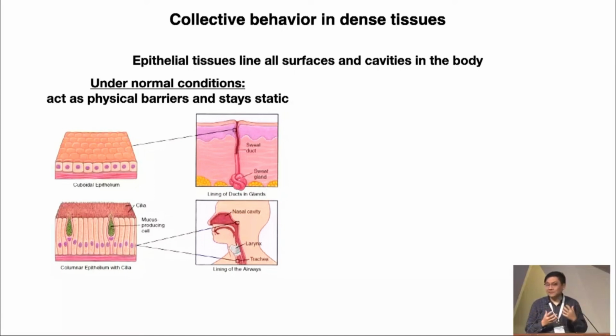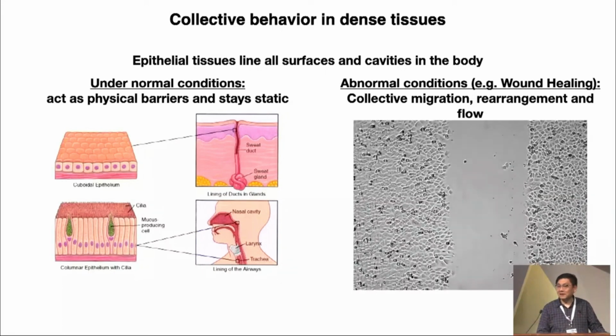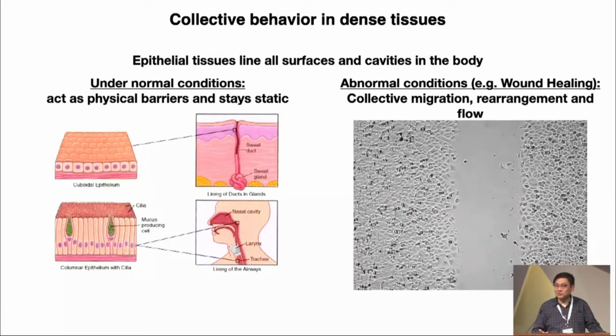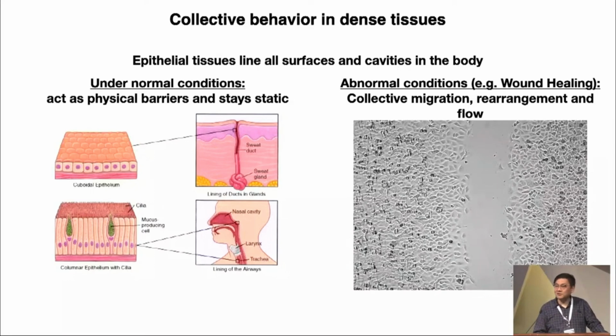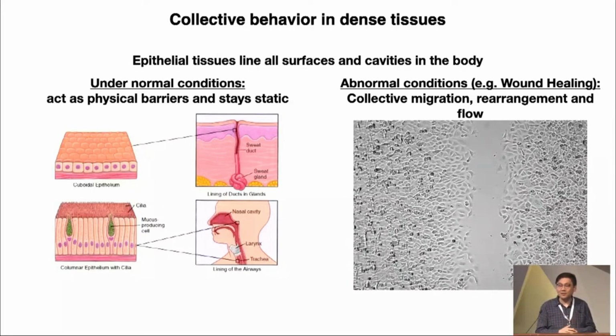They are static. The cells are linked with adherens junctions, and they form tight structures that really can resist deformation. Under some abnormal conditions, and you can think of many, one artificial one is that you cut your skin and create a wound.